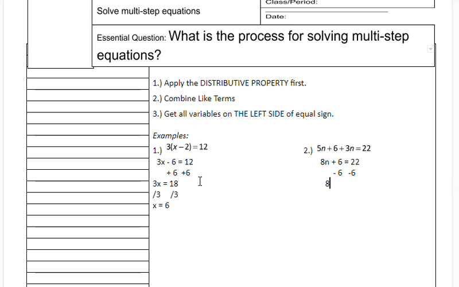Okay, so that cancels. I'm left with 8n equals 22 minus 6. I'm not gonna lie, I'm using a calculator because I don't want to mess it up this time. 16. So then I need to divide each side by 8.